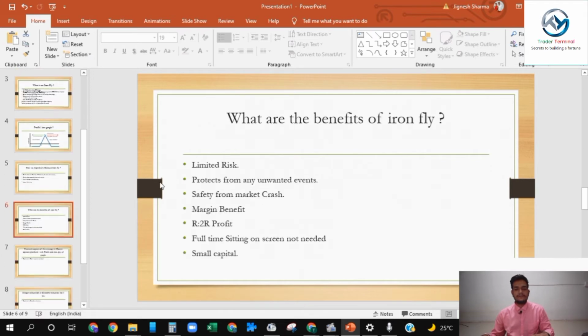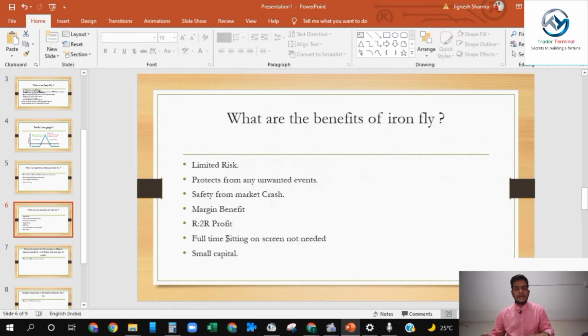Now, what are the benefits of iron fly? All right. First of all, it is a limited risk strategy. It protects from any unwanted event and is safer from a market crash. Margin benefits: here we get margin benefit. All right. Risk to reward will be 1:2 in this strategy.